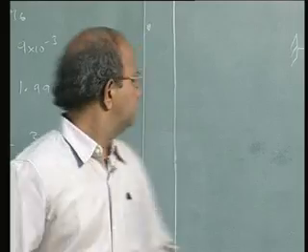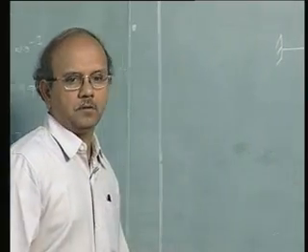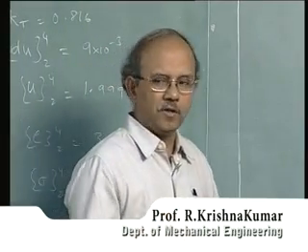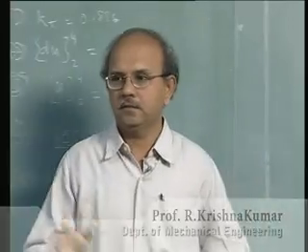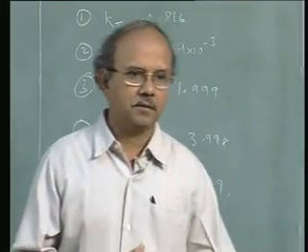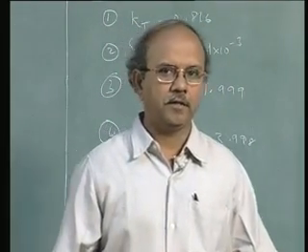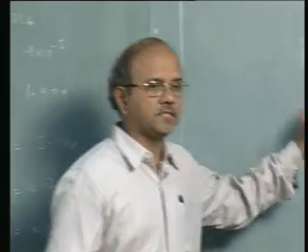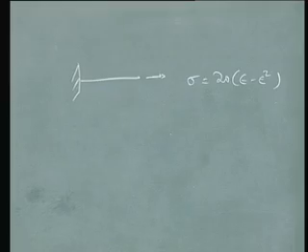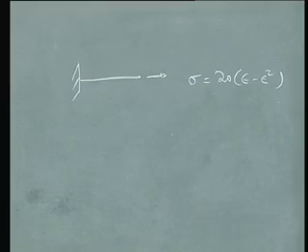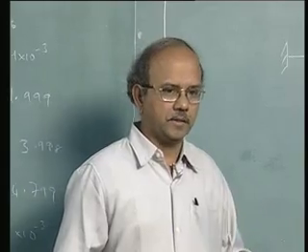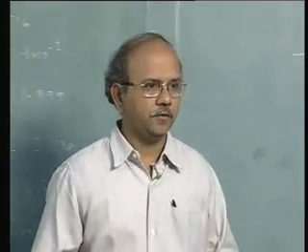Last class we were looking at a very simple nonlinear problem, and we had worked out for the first increment the complete iterations that are required so that the convergence results are with us. Then we started with the next increment, and we had completed one iteration of it.